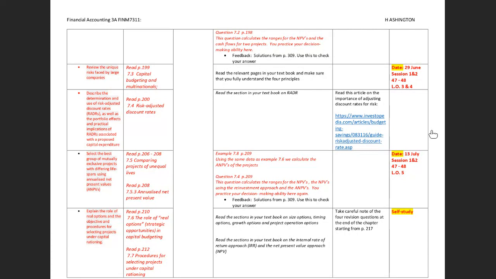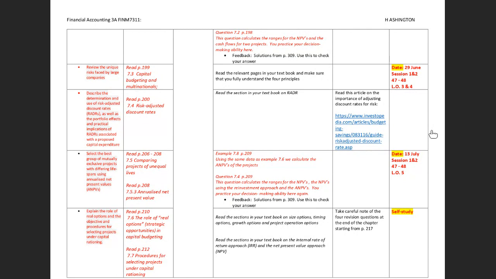So then you've got up until example 7.4 and 7.5, all that, the discussion of risk-adjusted discount rates, but then go to page 204, applying RADR in practice, and question 7.3, because obviously that's what you're going to have to do, be able to apply it in a simulated scenario.